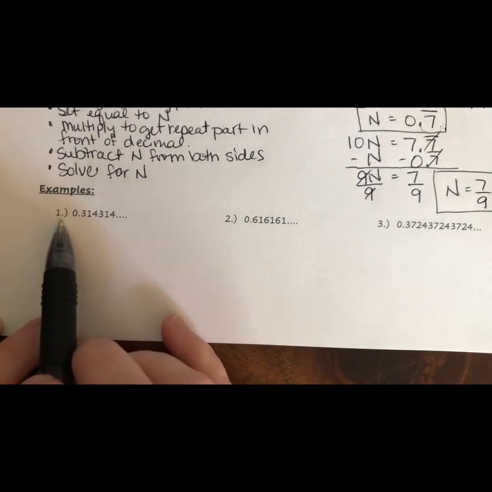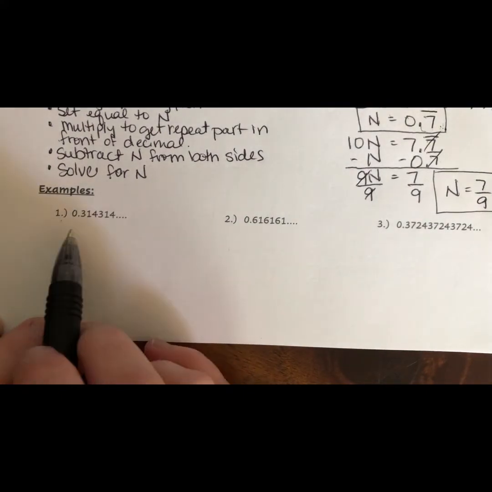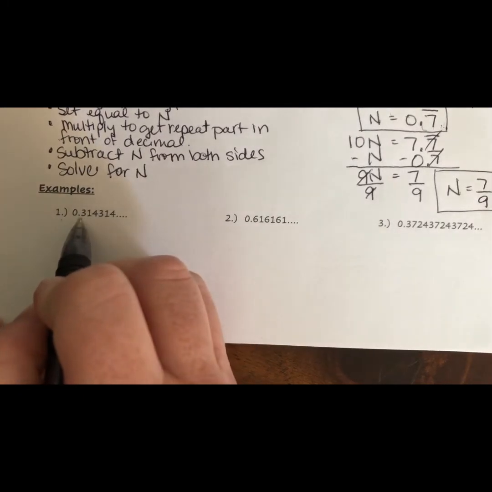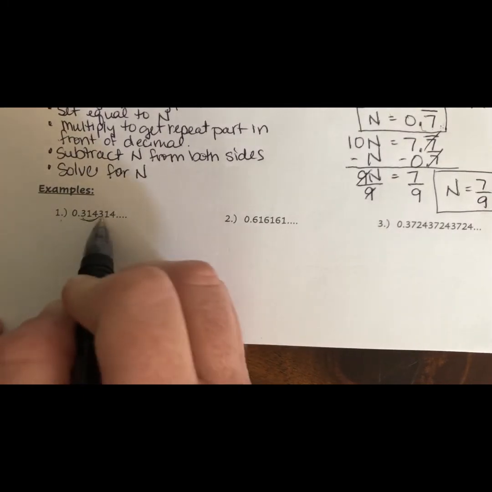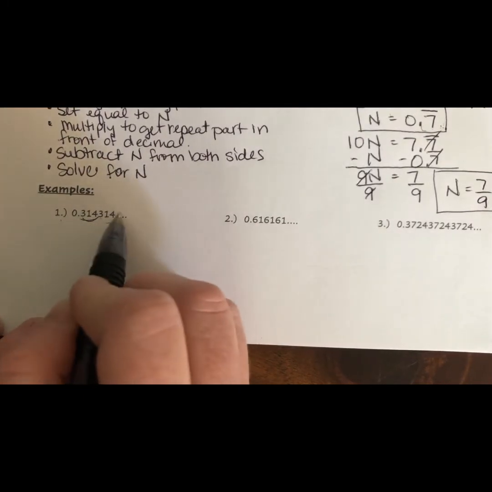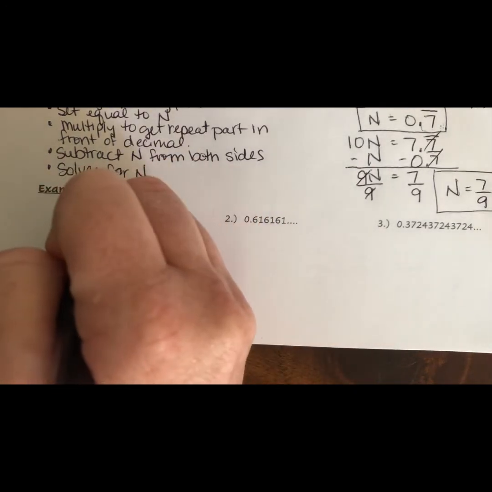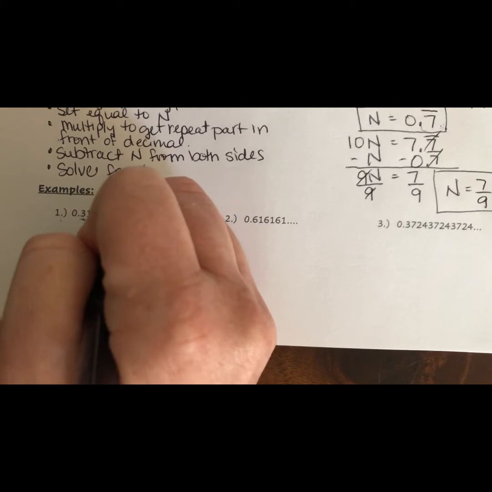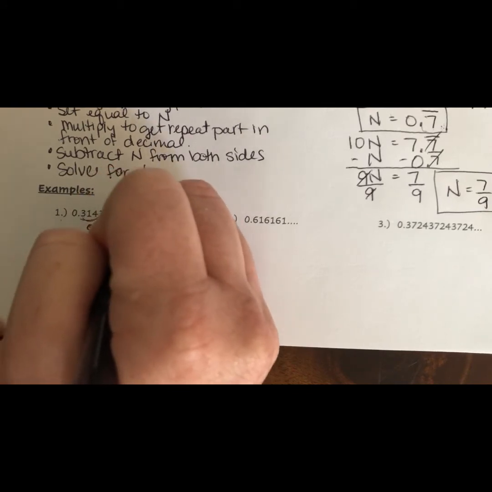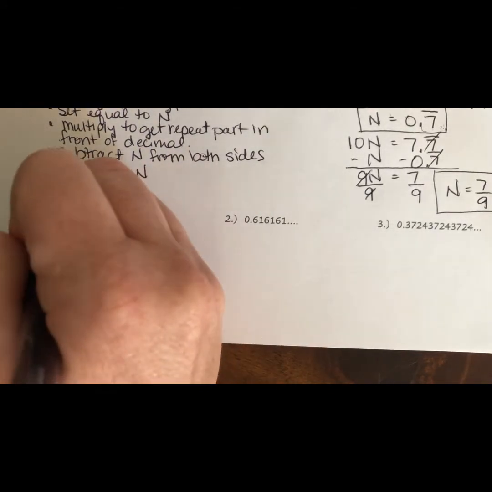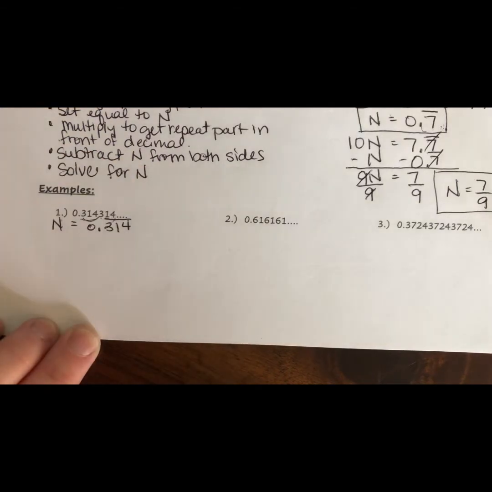Okay, so for number 1 here, first step is to identify the repeating part. So it looks like this 314 keeps getting repeated. 314, 314, 314, 314. So my repeating part is 0.314, and I'm going to put that line over the whole thing, and I'm going to set it equal to n. Those are my first 2 steps.